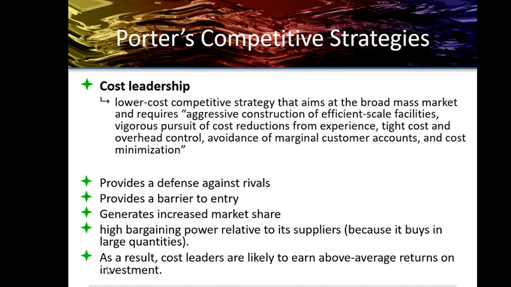As a result, cost leaders are likely to earn above average return on investment compared to their competitors. If you are using a cost leadership strategy, then of course the earnings of the company, as a result of sales volume, you will sell more, then of course your earnings or your profit will be more.